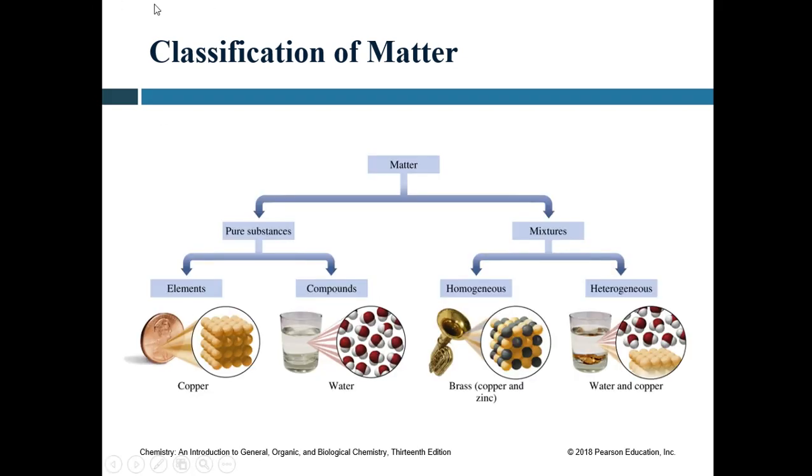And so when we look at this flow chart here, matter splits into pure substances and mixtures. Examples of pure substances would be elements and compounds, elements like copper and compounds like water. Whereas mixtures are separated into whether they're homogeneous or heterogeneous. In a heterogeneous mixture we can see some different items in there.